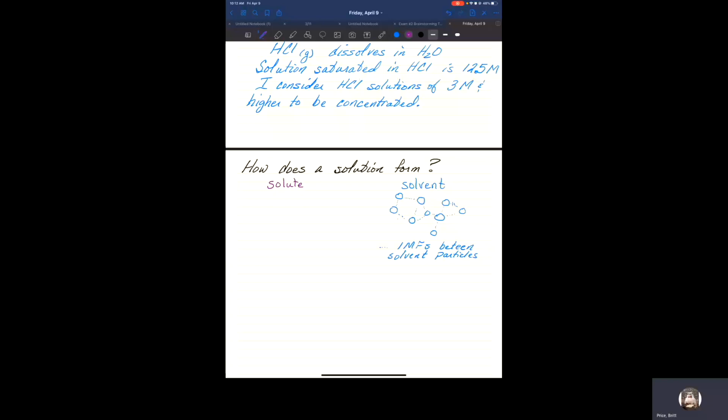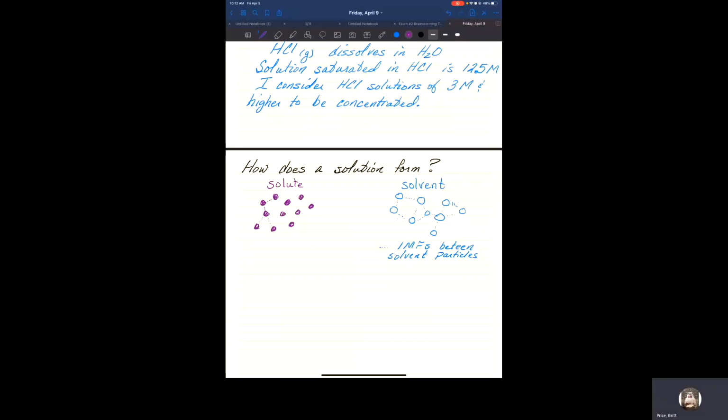And then solute, I'm going to circle those in. For the sake of this drawing, I'm doing liquid, liquid, but this is any condensed phase solution.